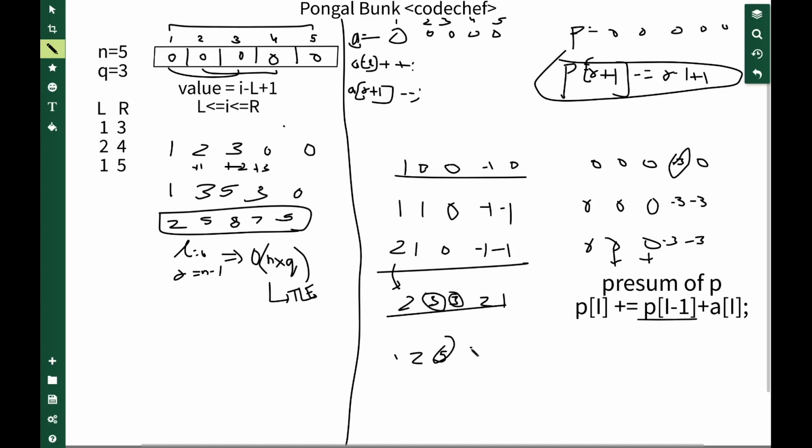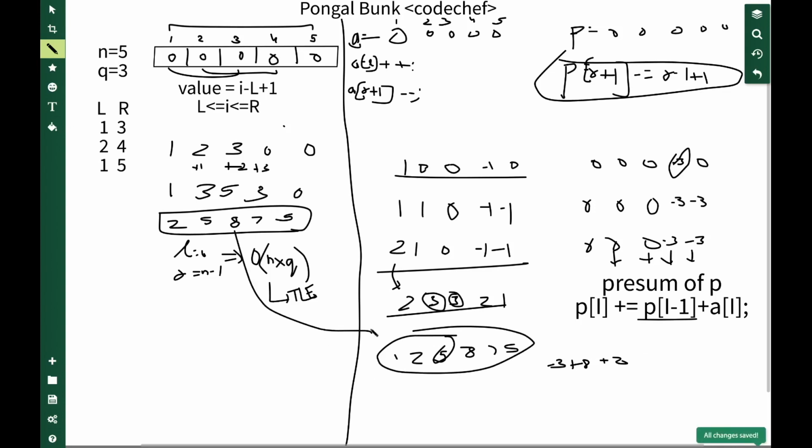So 5 plus 3, 8. Now for this index it's minus 3 plus 8 and then plus a[i], that is plus 2, so it will be 7. And similarly for this, minus 3 plus 7 plus 1, it will be 5. As you can see, it's the same as our output.